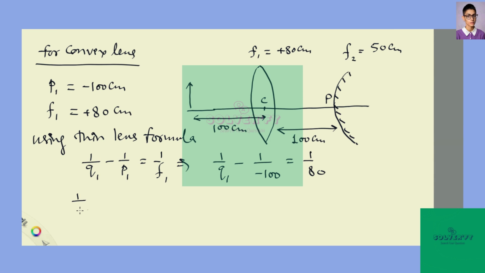So 1 by q1 comes out to be 1 by 80 minus 1 by 100.